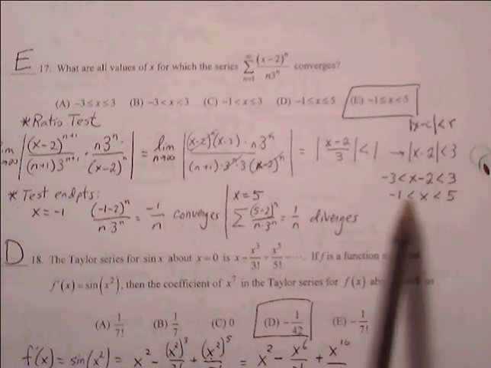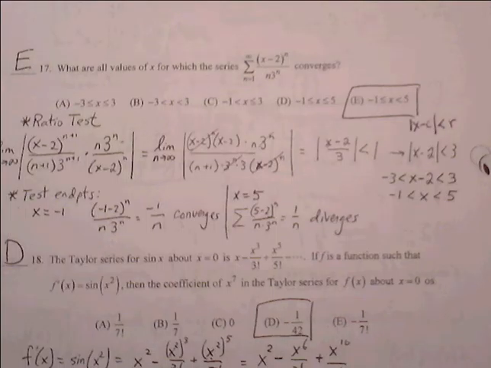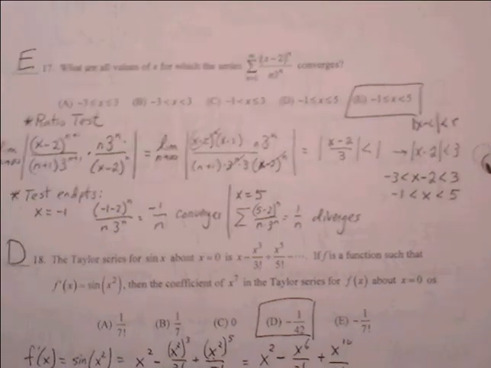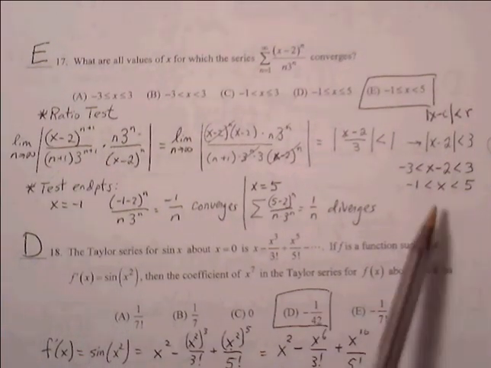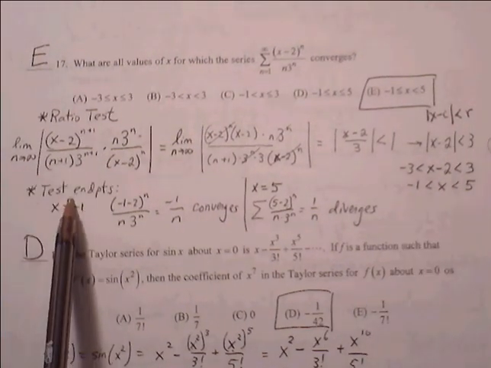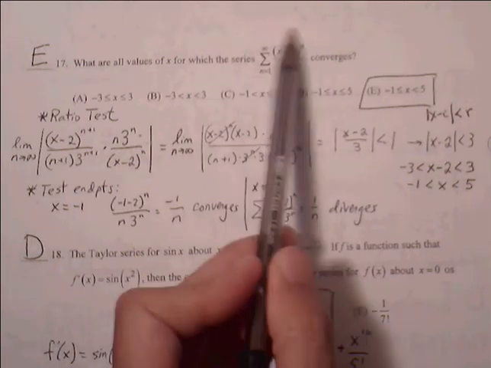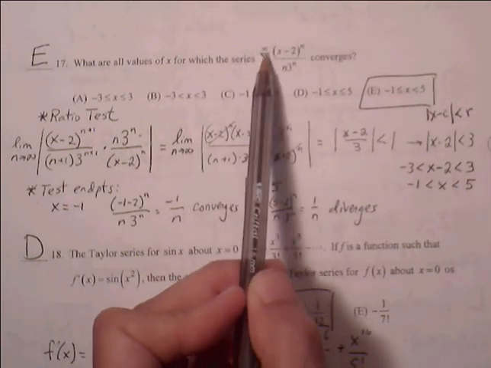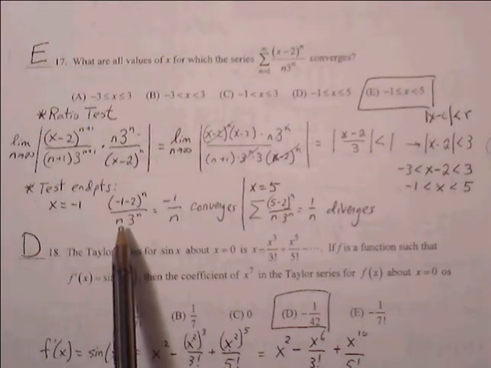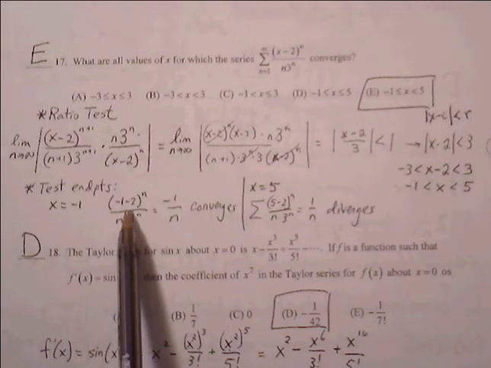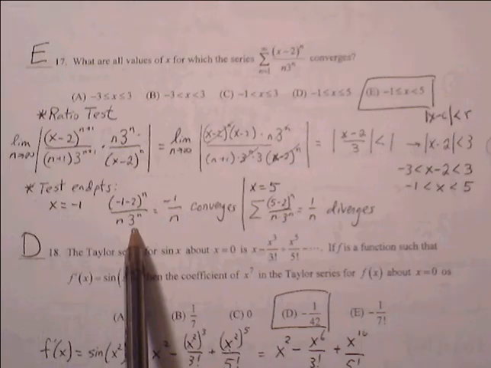Now we have to make sure that we test the endpoints, to determine whether the endpoints will converge or not. So we can plug negative 1 into our series here. We get negative 1 minus 2, which is negative 3, to the n over 3 to the n.